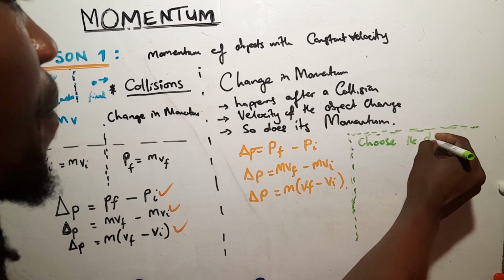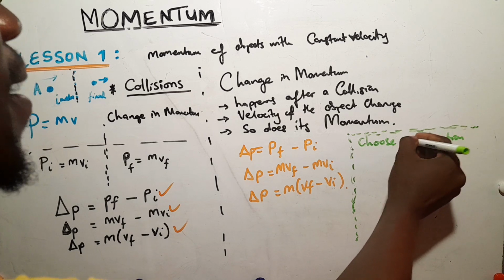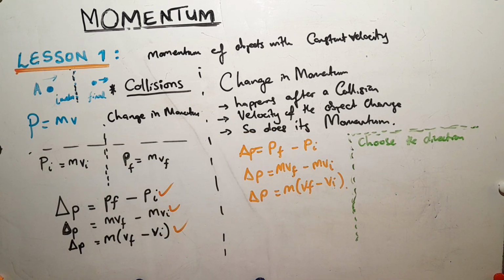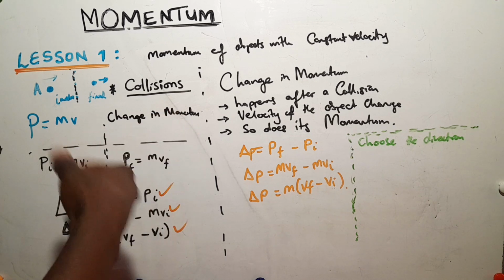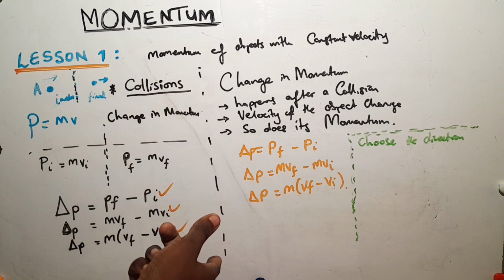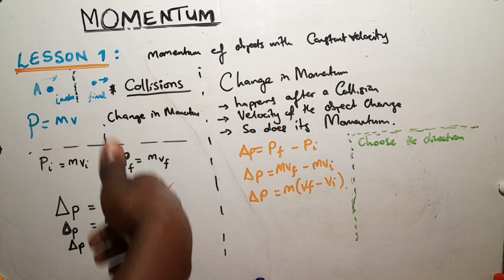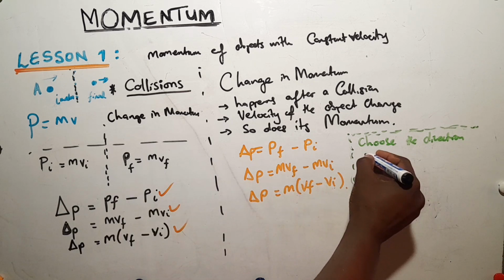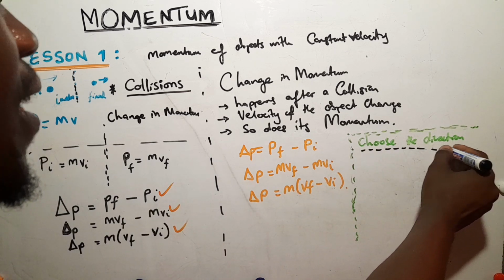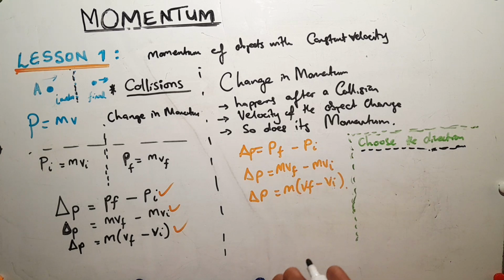Choose the direction. What do I mean by choosing the direction? As we know, after the collision, when the velocity changes, sometimes even the direction changes. The object can also change direction. So choosing the direction before the calculation places you in a safe net, and you always get your answers right.